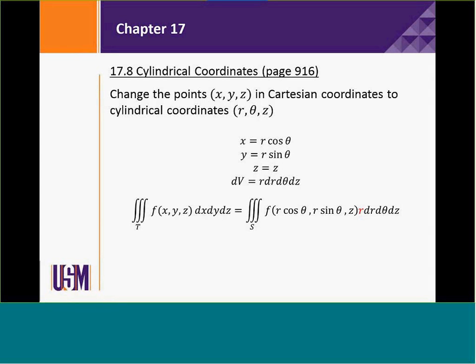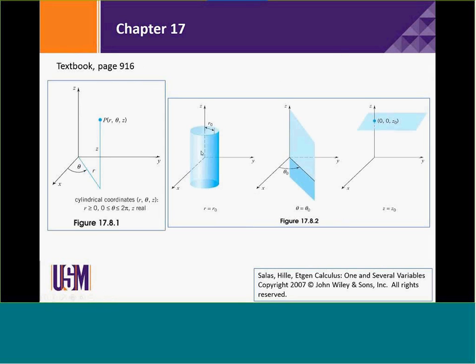So this is the coordinates. When you have a point in Cartesian coordinates, we may use x, y, and z. But now, the same point in 3D, we would like to represent using r, theta, z.